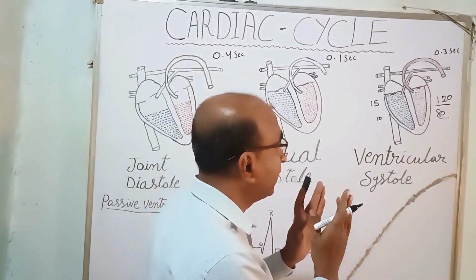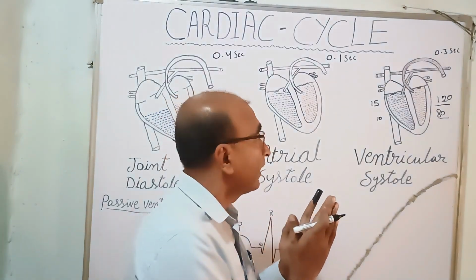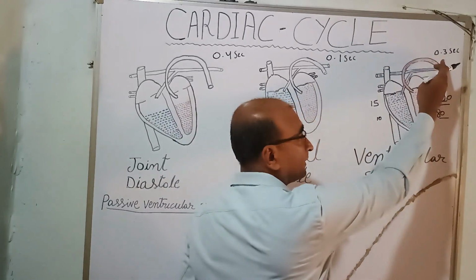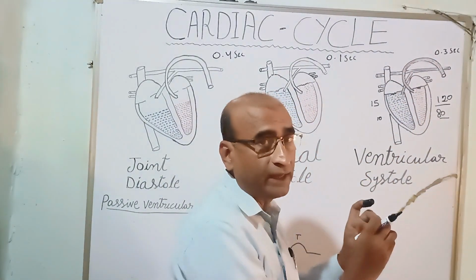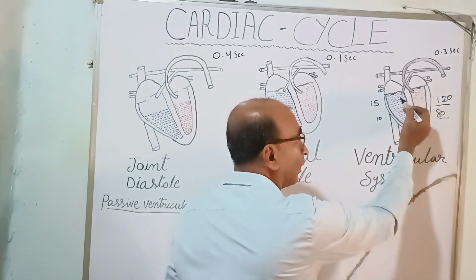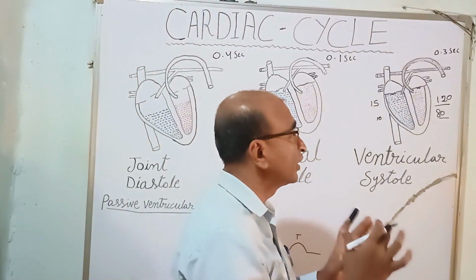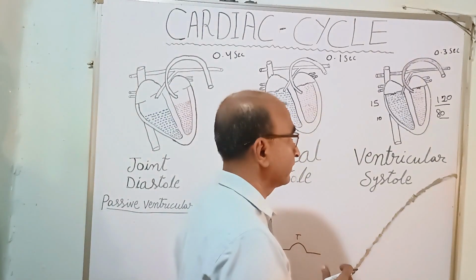After the contraction of the ventricles, the blood is ejected into the pulmonary artery and the aorta. After the ejection, both semilunar valves immediately close. When they close, they generate the second heart sound, the dub sound.